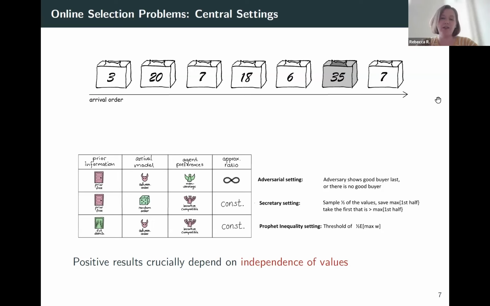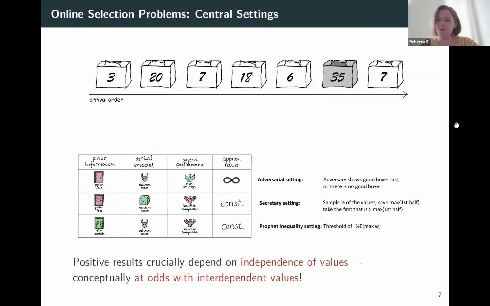They are independent, and they are going to be just determined by the distributions in the prophet setting, or just being written on some cards in the beginning in the secretary setting. This sounds a little bit at odds with what we're trying to do here, right? Because we are assuming interdependent values. So now the value that comes at time i depends on the others. And this might cause trouble.